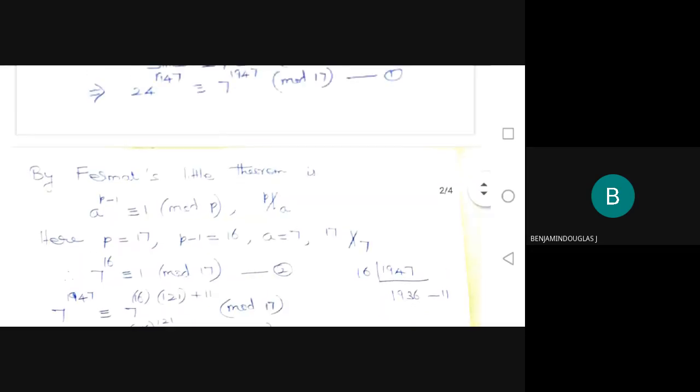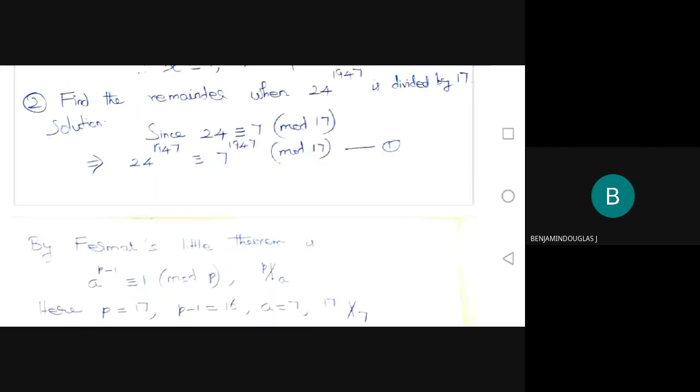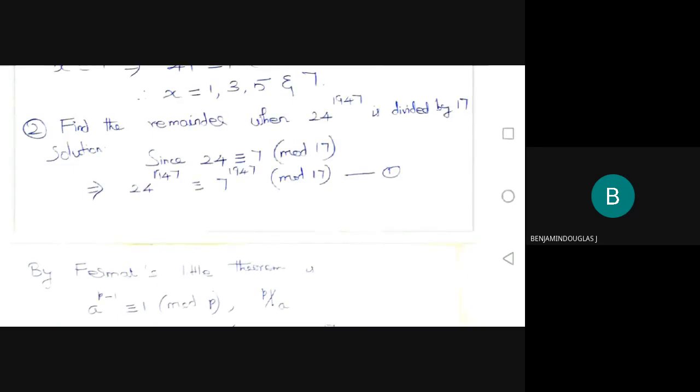Now look at equation 1. 24 to the power 1947 is congruent to 7 power 1947. We want the remainder when 24 to the power 1947 is divided by 17. Since 24 to the power 1947 is congruent to 7 power 1947, it is enough to find the remainder when 7 power 1947 is divided by 17.